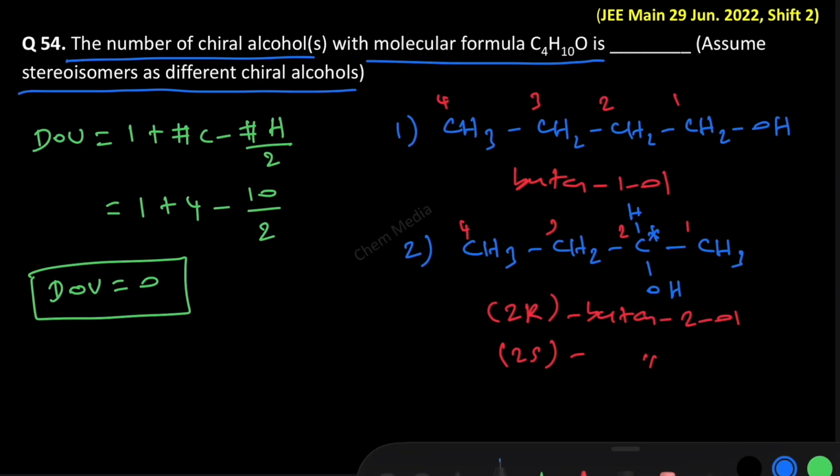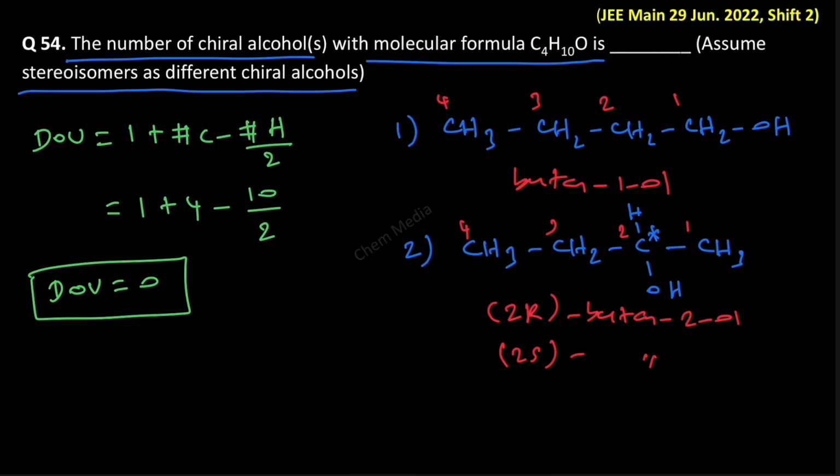Now, we are exhausted with the butane chain because moving this OH group to the third position is not possible. Because if we number it left to right, then that becomes one and the same. Therefore, let's move to propane chain. We are going to write 2-methylpropan-1-ol, that is CH2OH and then CH, CH3 and then CH3.